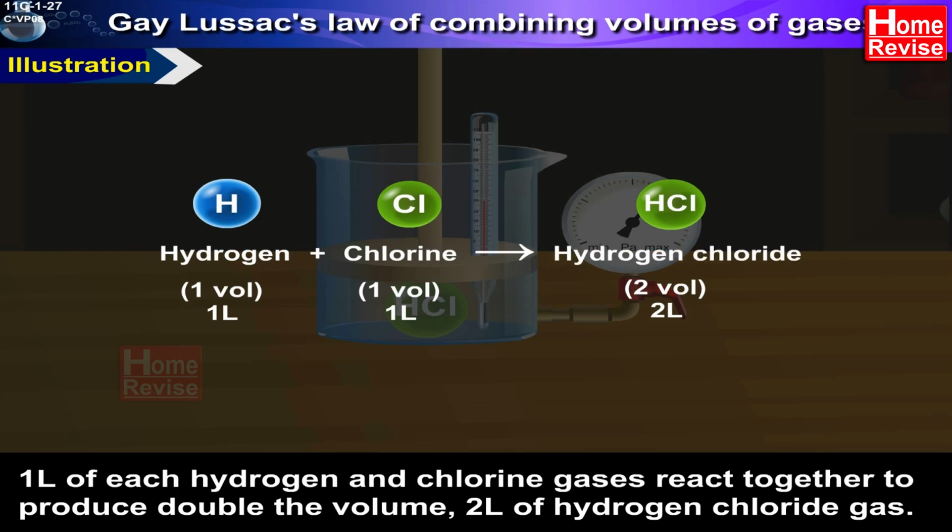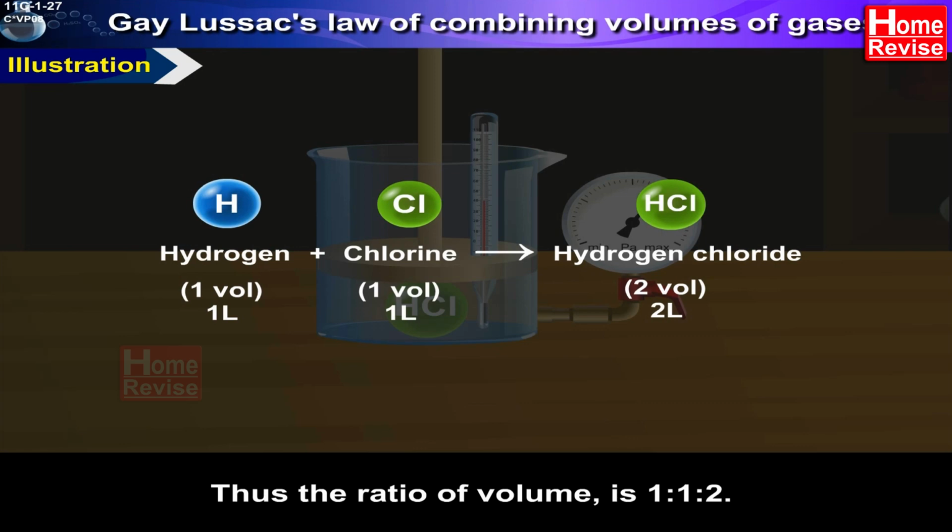That is, hydrogen plus chlorine gives 2 hydrogen chloride. 1 liter plus 1 liter gives 2 liters. 1 volume plus 1 volume gives 2 volumes. Thus, the ratio of volumes is 1:1:2.